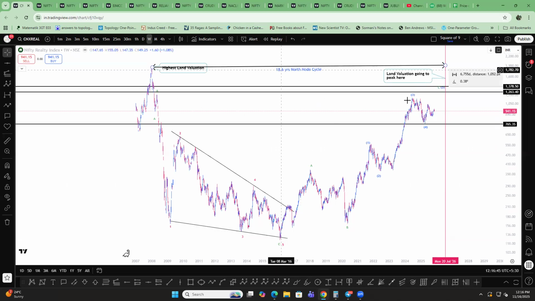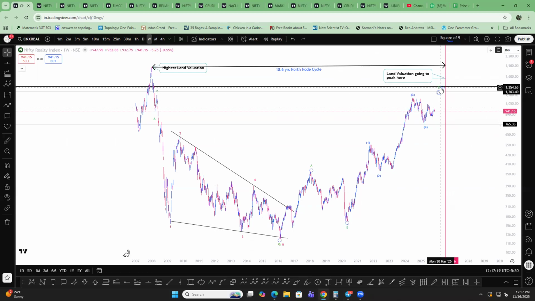Now, this 18.6 year cycle is ending in July 2026. So this is a very important time period, and see how the price structure is behaving here. This is again a motive wave, but it is a corrective motive wave. This is only a 3 wave move, that is ABC: wave A, wave B, and wave C is in 5 waves. So 1, 2, 3, 4, and 5 is coming here in this zone.